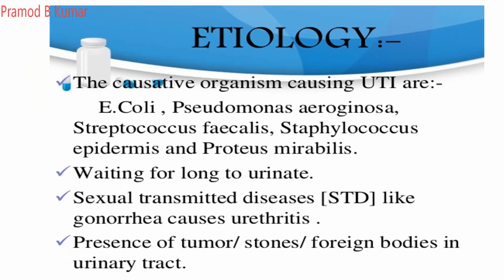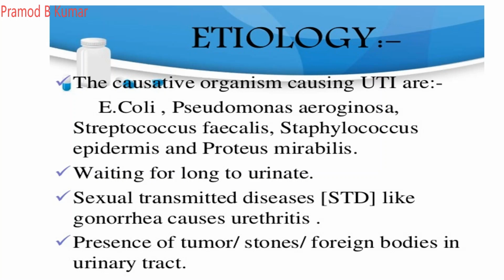So etiology. Most of the causative organisms for UTI are E. coli, Pseudomonas aeruginosa, Streptococcus faecalis, Staphylococcus epidermidis, and Proteus mirabilis. So these are some of the causative organisms for UTI. So what are the main causes? Not urinating frequently; if you try to retain the urine, even that causes UTI.